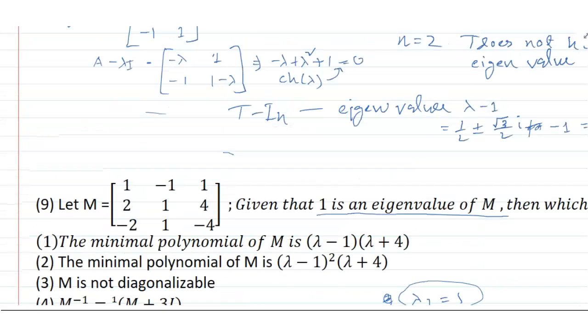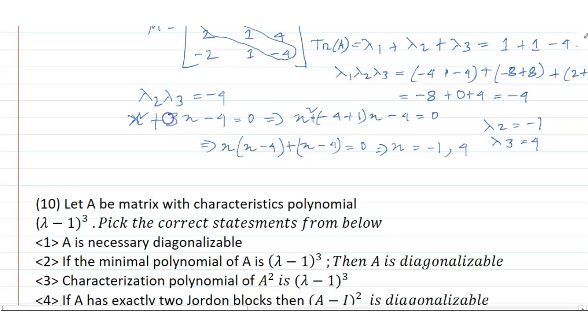So friends, there is one mistake in here. The sign is plus 4 and it is minus 1.